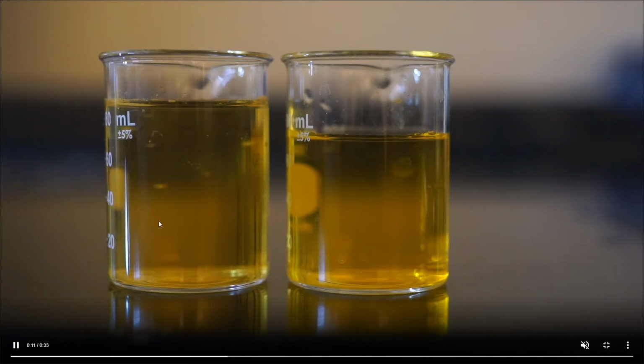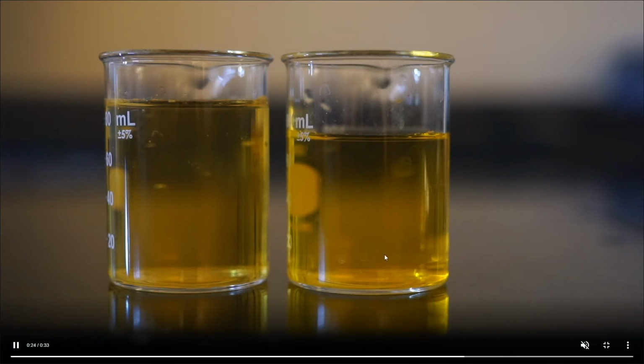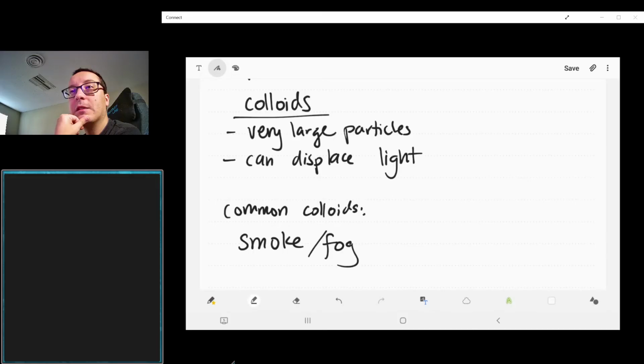Here with our colloid, we're going to be able to see the light as it gets scattered by the large particles in this mixture. Doing the same thing on the right again, we do not see the laser through the solution. So try it out. Another one that you have is starchy water.